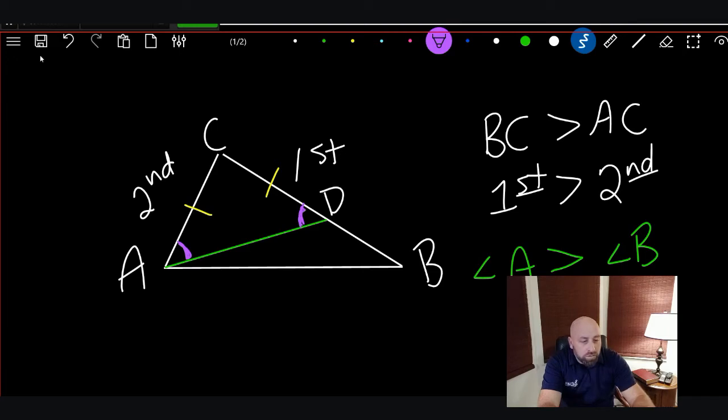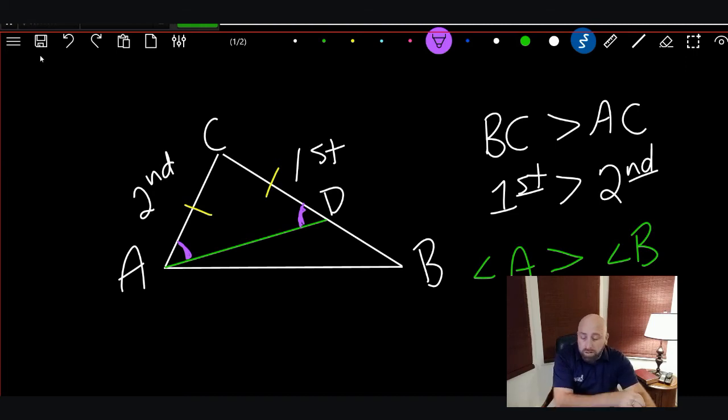So in other words, the CAD angle equals the CDA angle. Now, it's a little bit of a complicated proof, but the idea is that these two are equal.